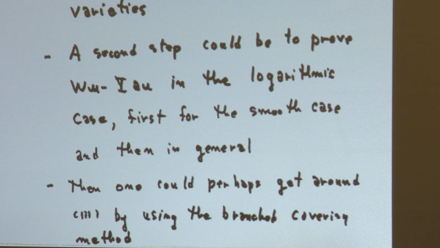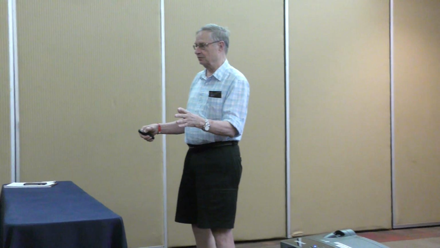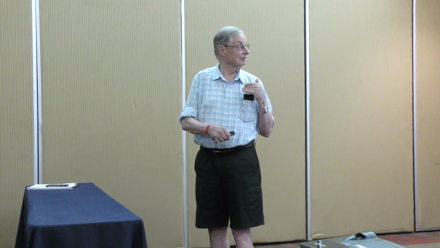So if one were able to go back and do the analysis that Wu and Yao did, where now you have singular varieties and singular metrics, then this Vivek conjecture would come out. The analysis in the Wu-Yao theorem is a Monge-Ampere equation.